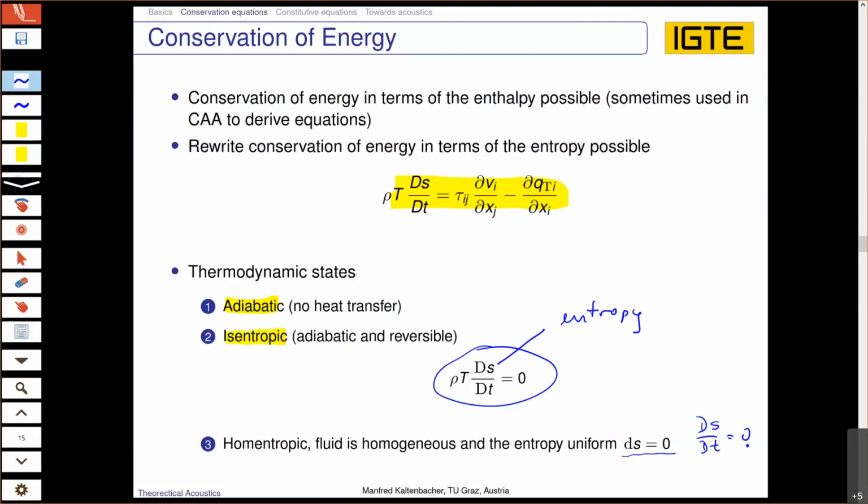And that will also be the case for us when we go towards aeroacoustics: we will assume an isentropic case and even simplify it for homoentropic fluids, which means our conservation of energy just tells us that the total change of the entropy is 0, which will have a very important impact on the relation between the density and the pressure.